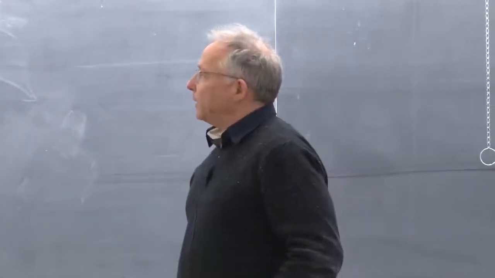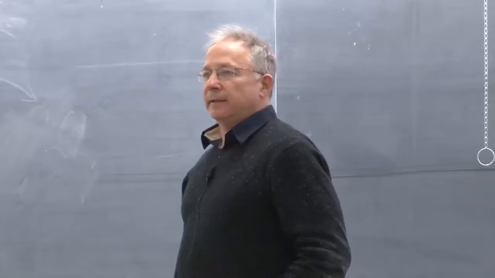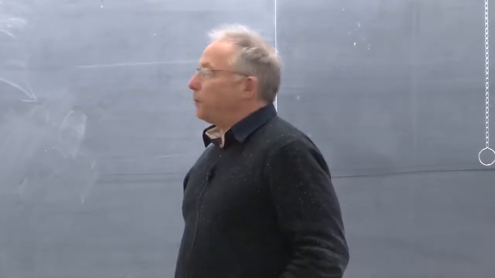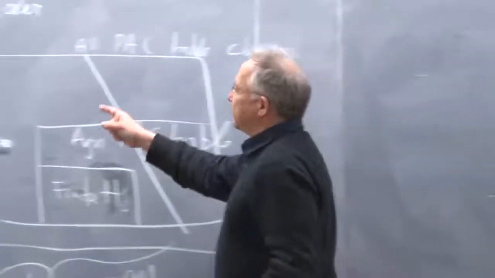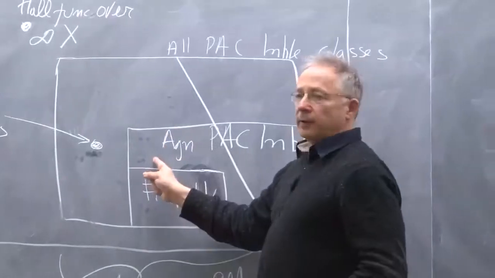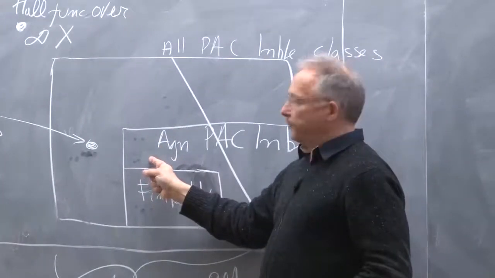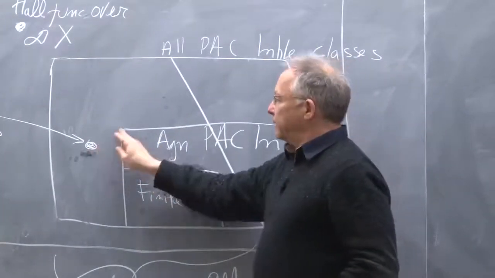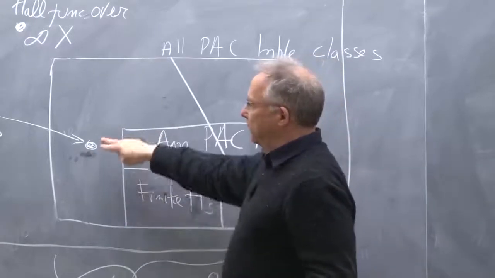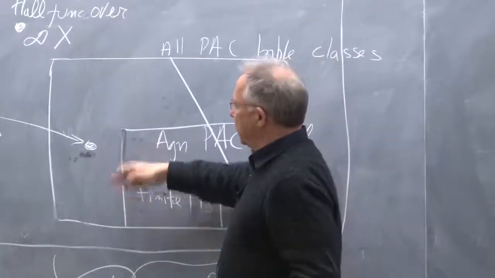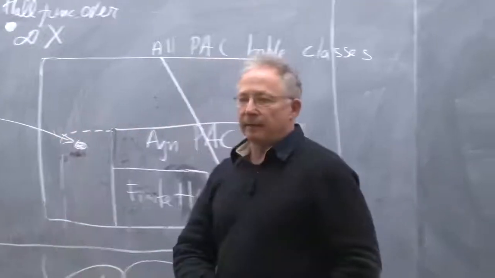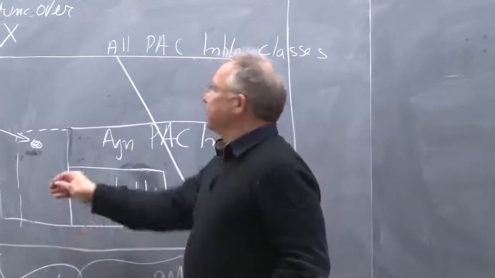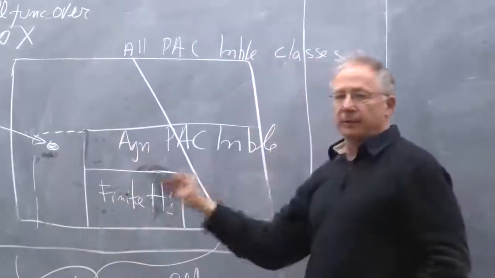I can already tell you one of the bottom lines of this story. It turns out that everything which is PAC learnable is also agnostic PAC learnable. So the threshold functions actually live inside agnostic learnable. We haven't shown it, but everything that is PAC learnable is agnostic learnable.